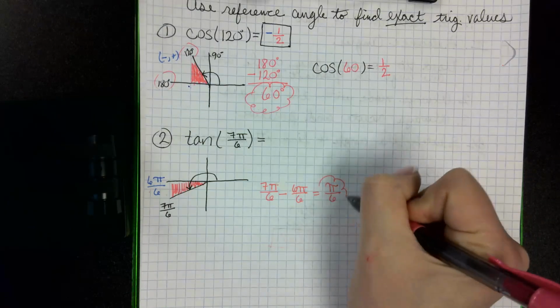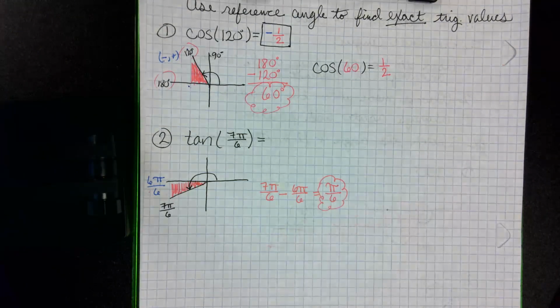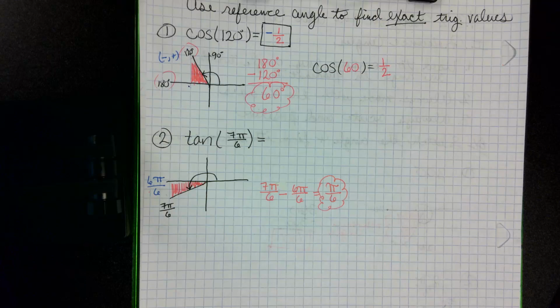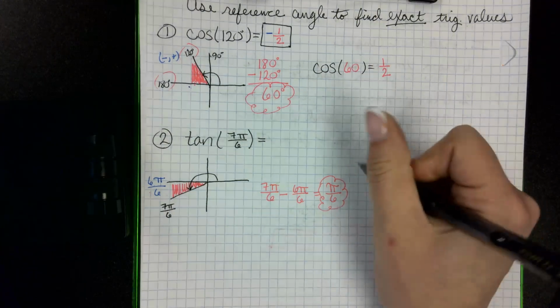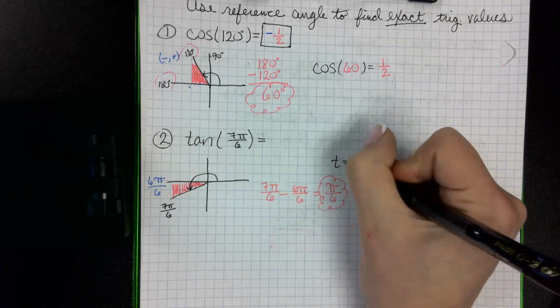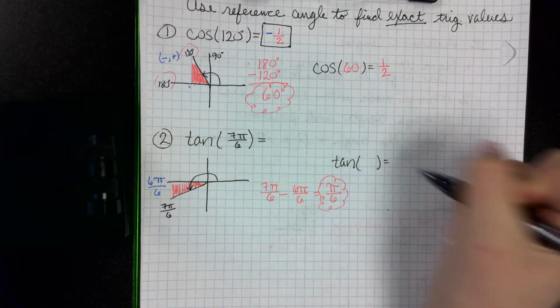That's my reference angle. So instead of finding tangent of 7 pi over 6, I just need to know what the tangent of pi over 6 is.